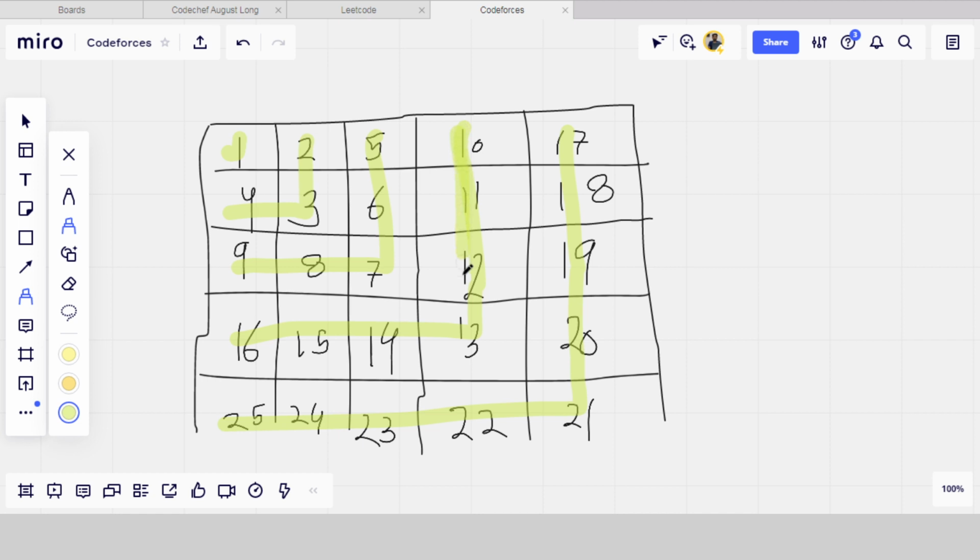So first of all, we have to find which L the given number lies on. For that, we will use the function sqrt.